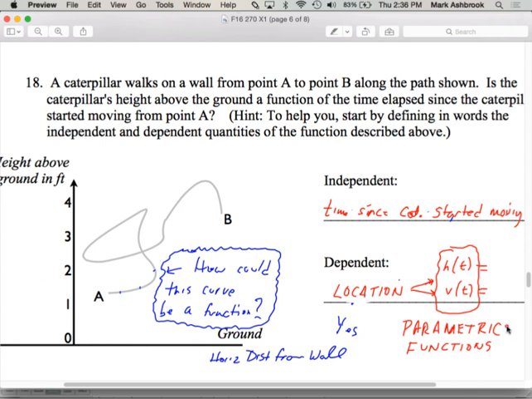And so that idea is a parametric function. So parametric functions allow for all these crazy curves like that, all kinds of curves in the plane that you would have written off as non-functions before if you were doing y as a function of x, right? So this is certainly not y as a function of x, but location, ordered pair x comma y, is a function of a parameter, in this case time.